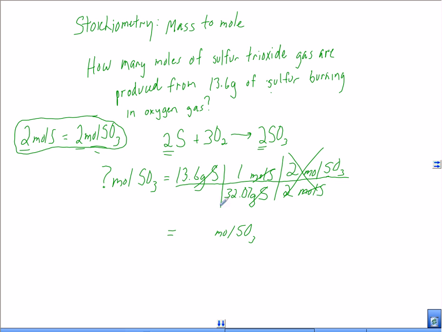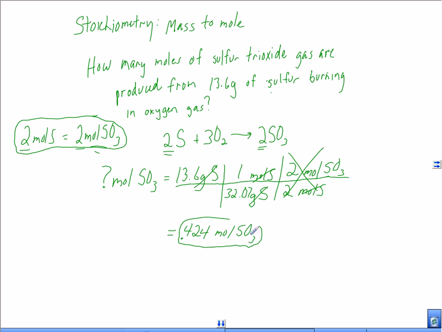Well, it leaves me with 13.6 divided by 32.07. And when I divide 13.6 by 32.07, I'm going to round this to 3 sig figs, because there's 3 in the given amount, 4 here, everything else is infinite sig figs. I'm going to round it to 3, and I get 0.424 moles.